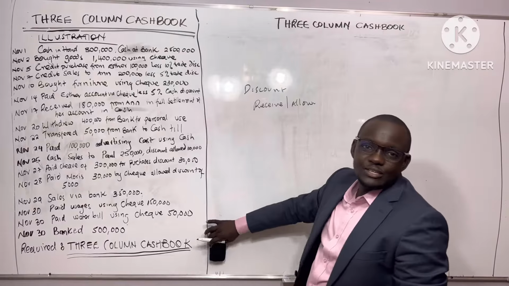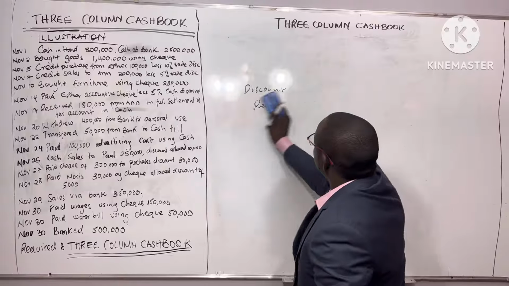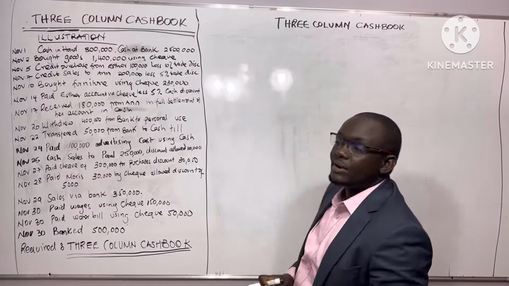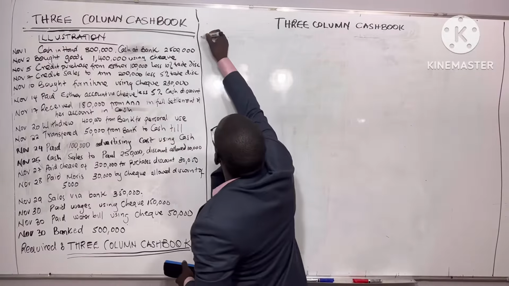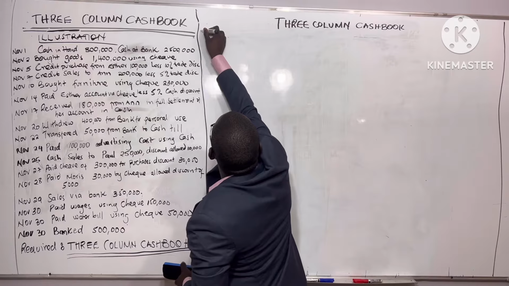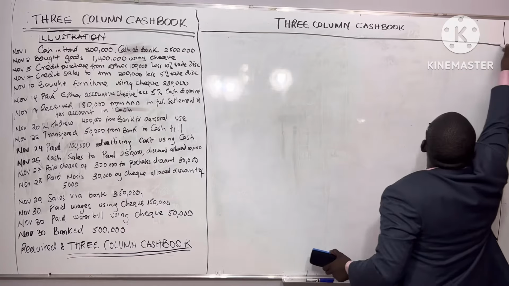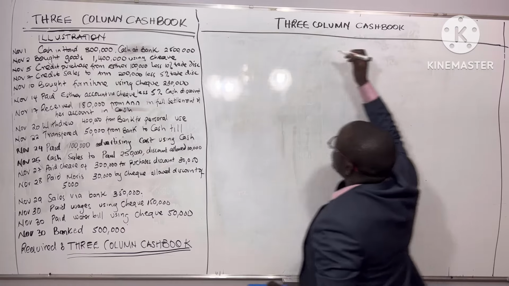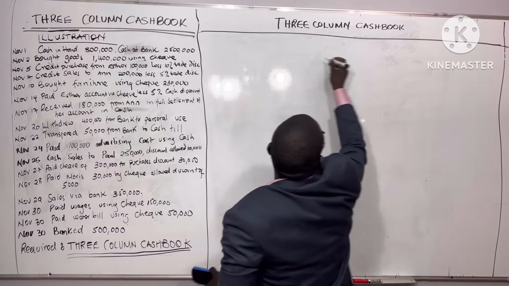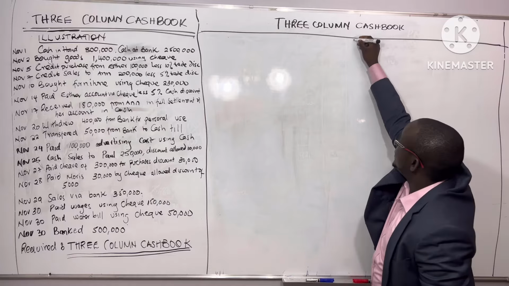So what does it look like? This is the way the 3-column cashbook looks. I'll divide in the middle.